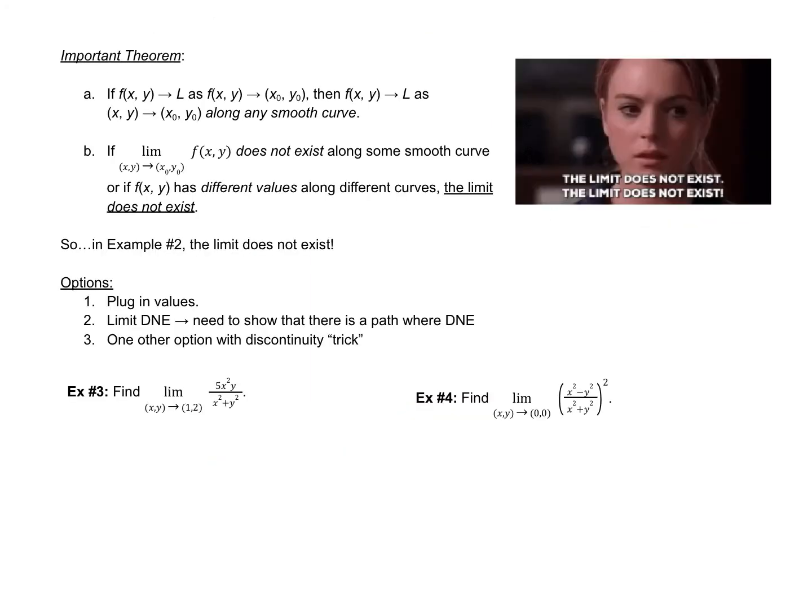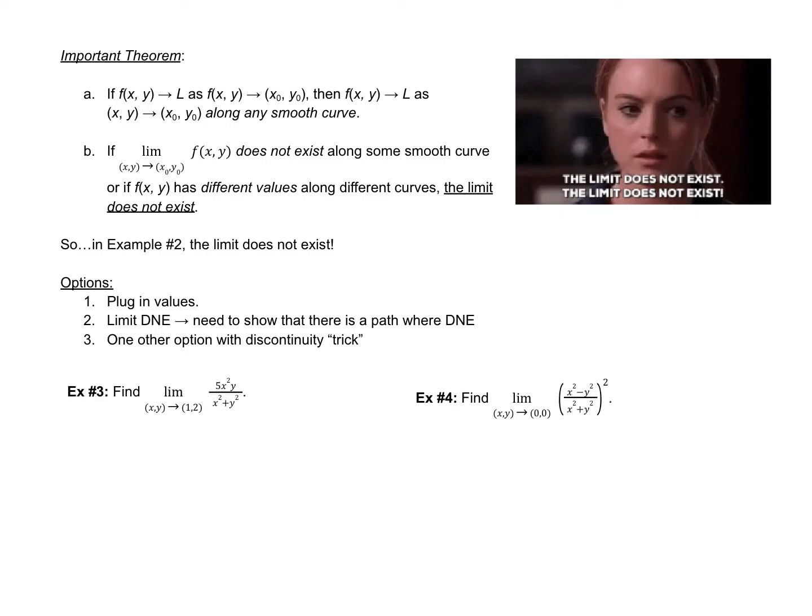So here is our important theorem. If f(x, y) approaches L as (x, y) approaches (x naught, y naught), then f(x, y) approaches L as (x, y) approaches that point along any smooth curve. So what that's saying is if f(x, y) approaches some value, then it's going to approach that value along any smooth curve at that point.